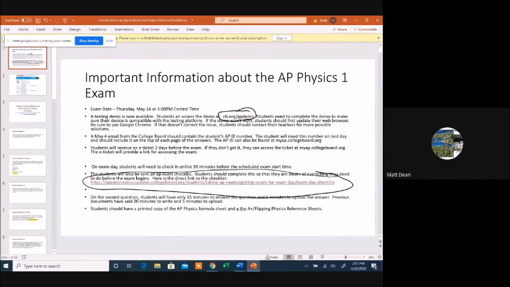Go ahead and print out your formula sheet, print out your reference or cheat sheet, making sure you have that on hand. Also, I'd go ahead and find my AP ID and make sure that I know what that is and that I have it so I can easily access it. Just to be on the safe side, I would also log into myap.collegeboard.org just to make sure you could get in. That's just in case you don't get the email with the e-ticket. You can go here and you can access your e-ticket.